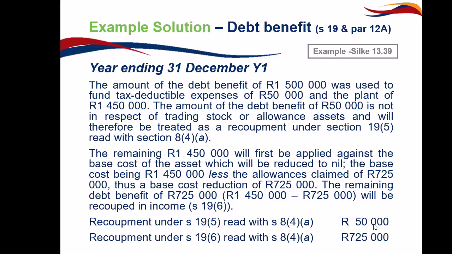So it means that the base cost was 725,000, and we're going to reduce that base cost to 0. Okay? And once we've reduced the base cost to 0, we are left with another 725,000 that we need to include as recoupment in terms of section 19(6). Okay. And that's the end of our example.